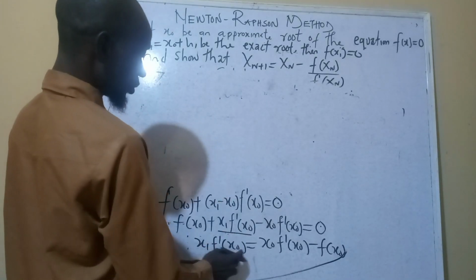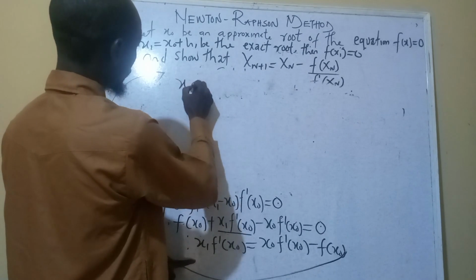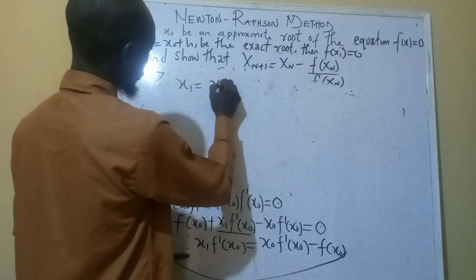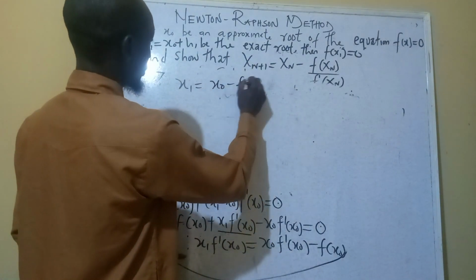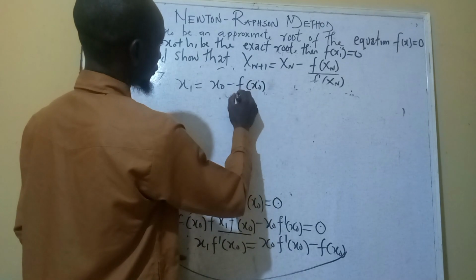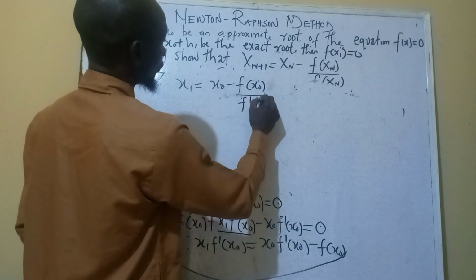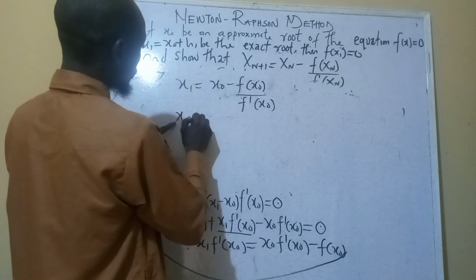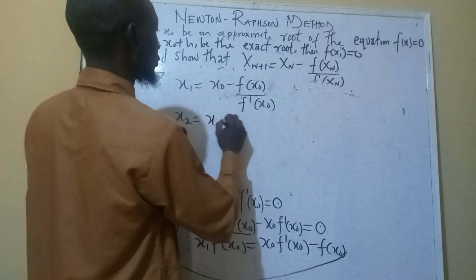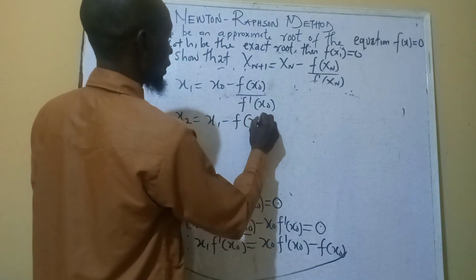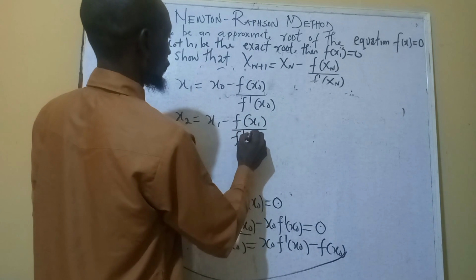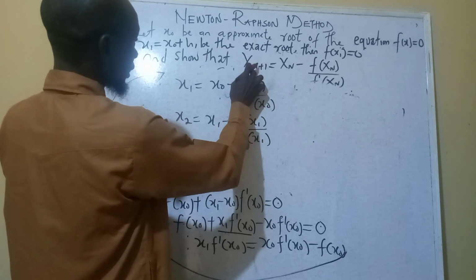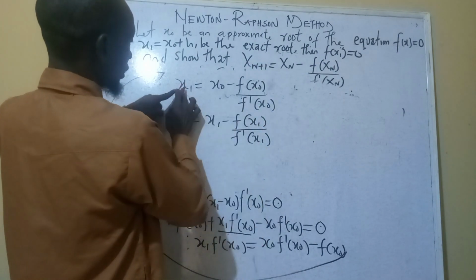So dividing both sides by f prime x naught, this will give us x1 equals x naught minus f of x naught over f prime x naught. Here now I can also say x2 equals x1 minus f of x1 over f prime x1. So if n is equal to 0, you can see I'm going to get this value.